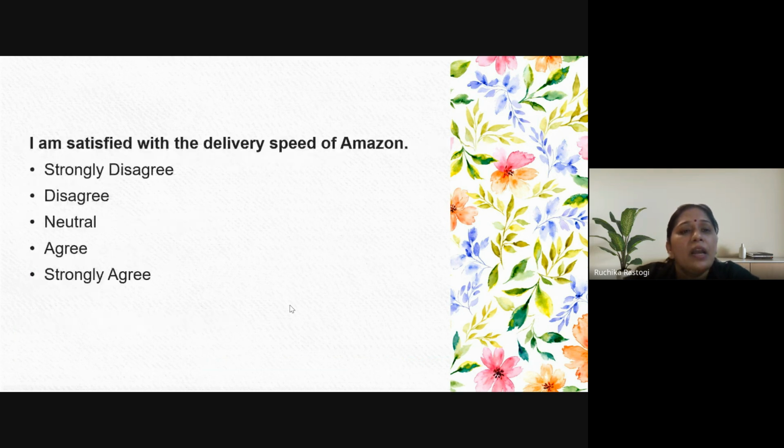Very good. Now the next one is, I am satisfied with the delivery speed of Amazon. We are talking about one variable, and I think it's very easy by seeing this. Which scale have I used here?